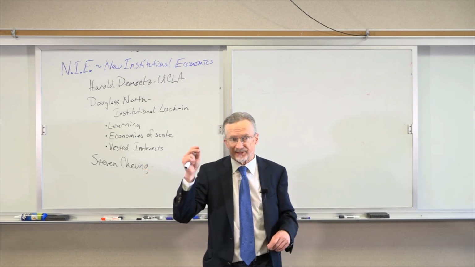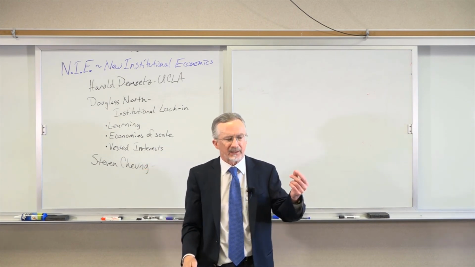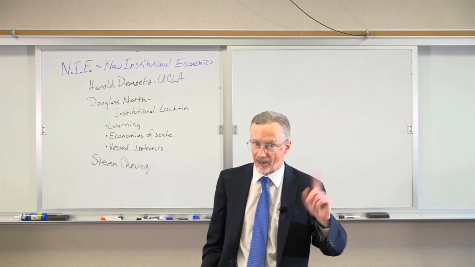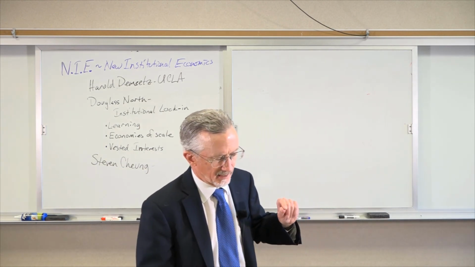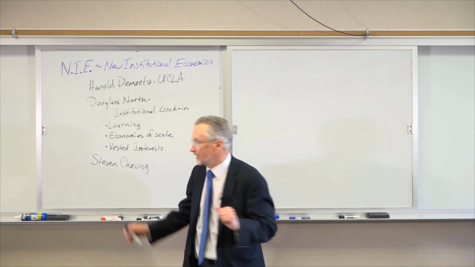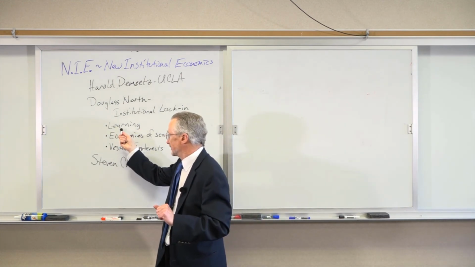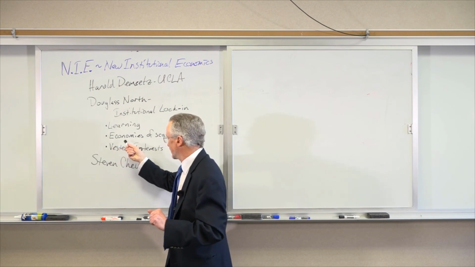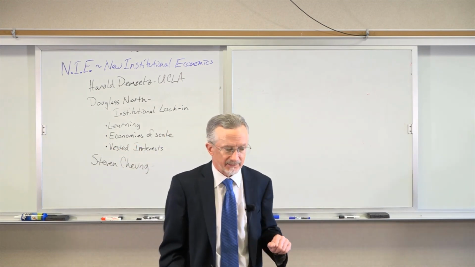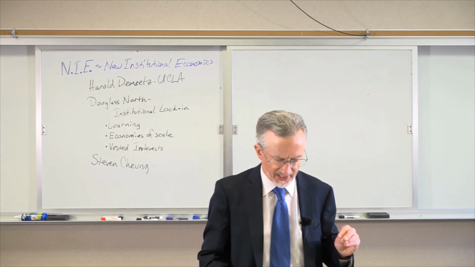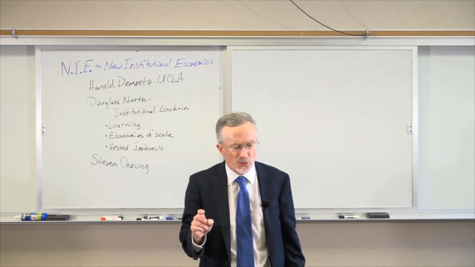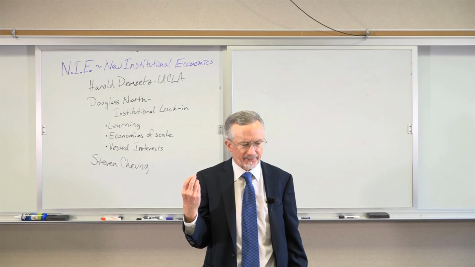Steven Cheung, another great economist, a follower of Coase, and his theory of institutional change argues that if we look at China and its transition from Marxism to markets, especially right around 1978, they had very high costs of changing until some things happened that changed the cost of learning, the vested interests, and the economies of scale. New information and new models suddenly became available.